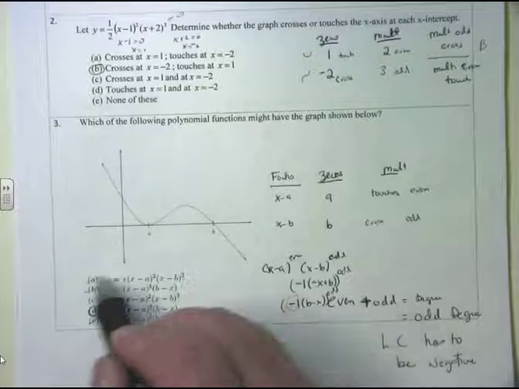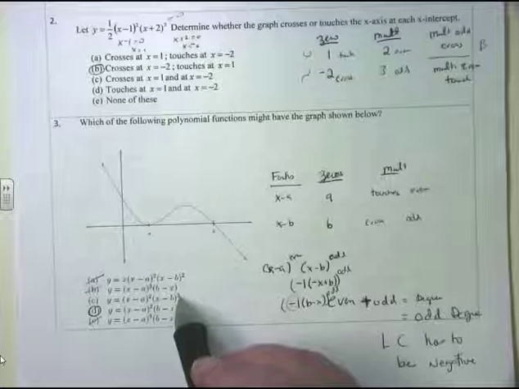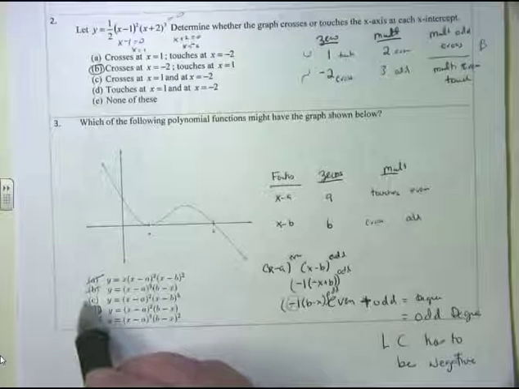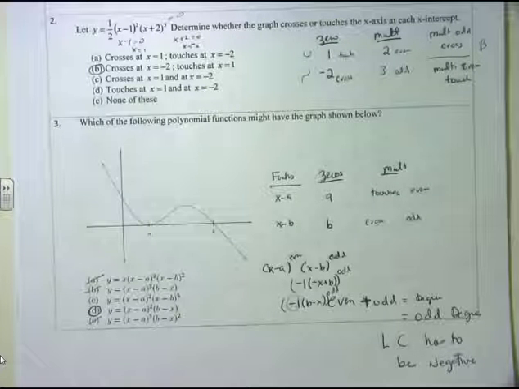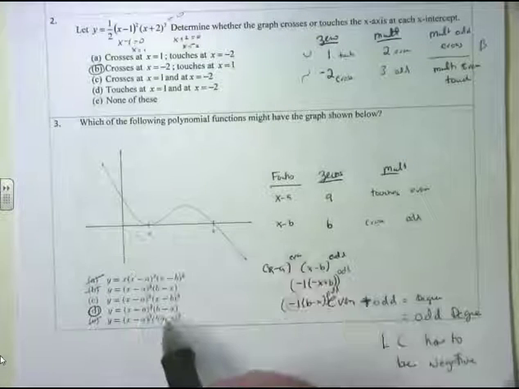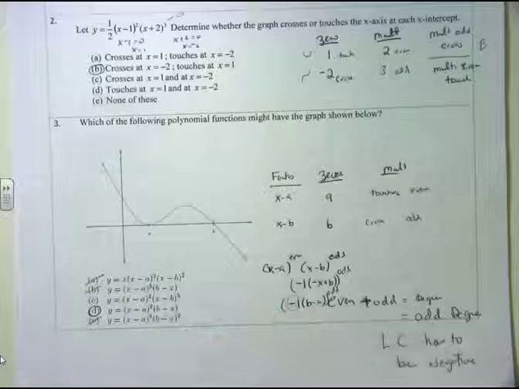That's an even, so A is out. That's an odd, well, B's out. This one is odd, so this is a possibility. So the only two choices have got to be either C or D. But because the leading coefficient had to be negative, I needed the b minus x factor in there. That's a degree 1, odd. So D is clearly the right answer.